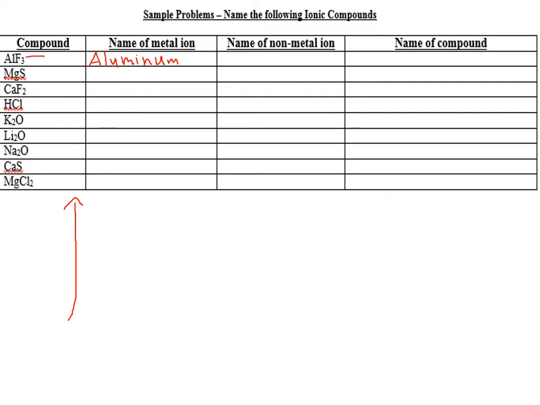So we have fluorine, but we know it becomes fluoride. And then you put the two names together over here. I'm just going to write it down here because there's not enough space up there for me. So aluminum fluoride.